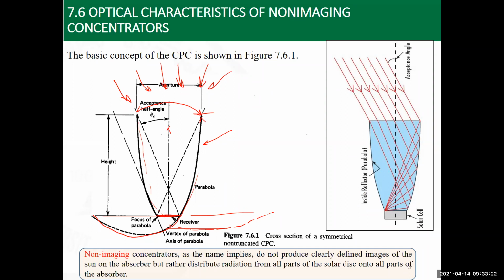Definitely, if the radiation comes at a different angle like this, it will reach here and be reflected here, or here, or here. So this is receiving all kinds of radiation falling through the aperture, which is the opening that we have here. Any thermal radiation that passes through the aperture, whatever its angle, as long as it is within that acceptance angle, is going to fall into the receiver. This is great, and you don't need a tracking system with it.